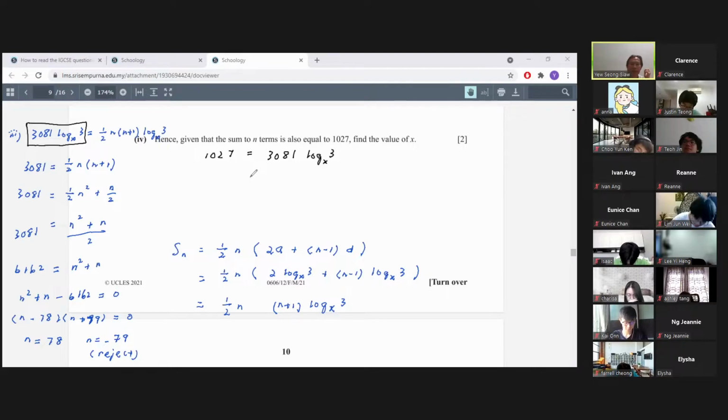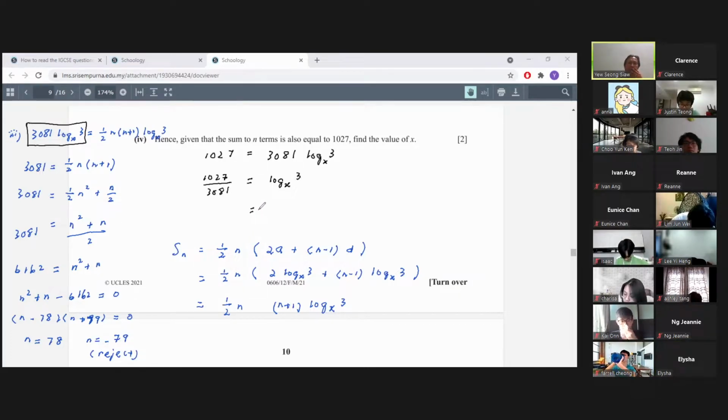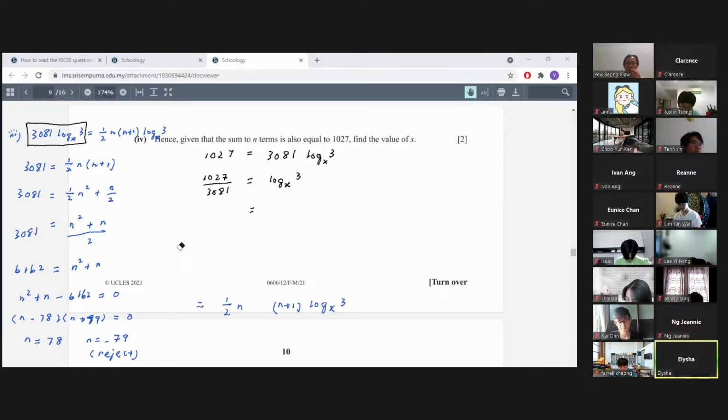So can you find the x? 1027 divided by 3081. If I use a calculator, 0.33.